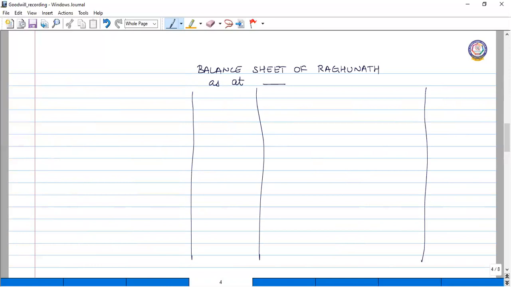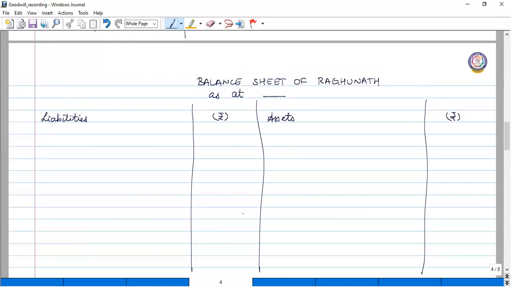Liabilities, amount, then assets, amount. Okay, now just take all the assets which all we wrote.